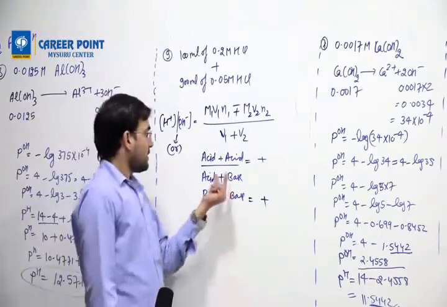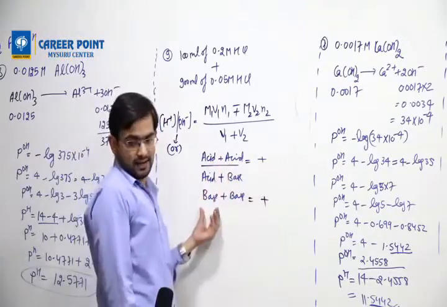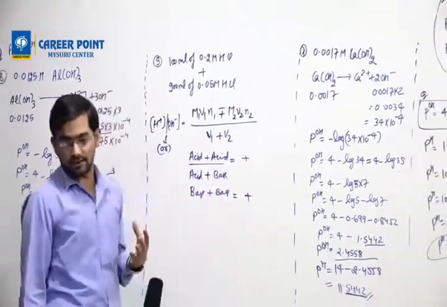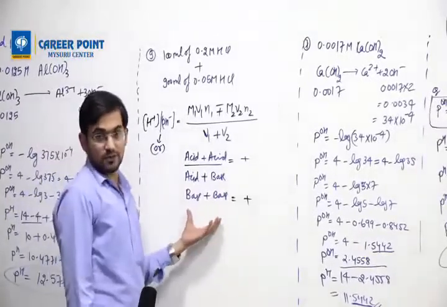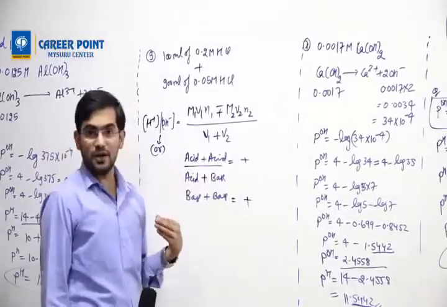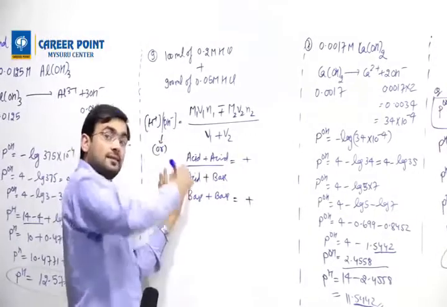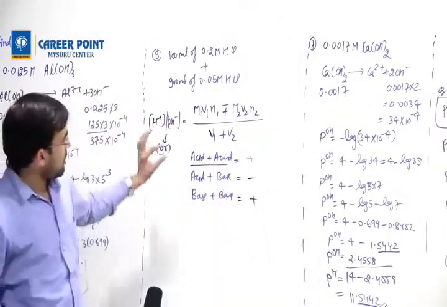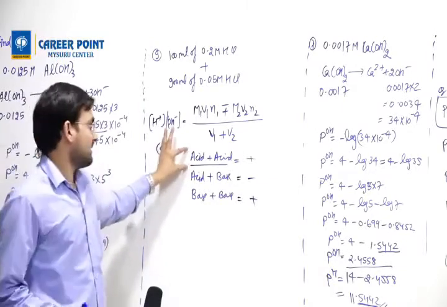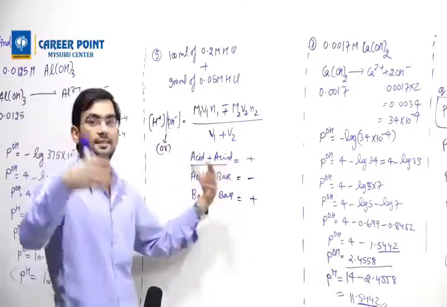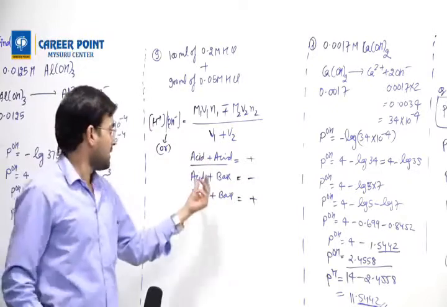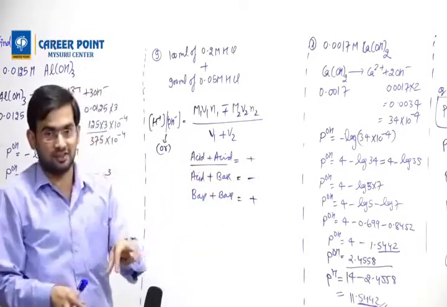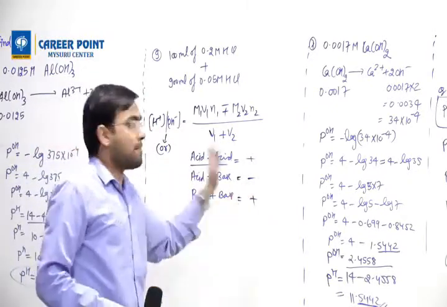So acid plus acid, plus sign; base plus base, plus sign. When acid and base, then minus. So if you are adding the same type of thing, acid with acid or base with base, plus. If you are adding opposite things, one acid and one base, minus.